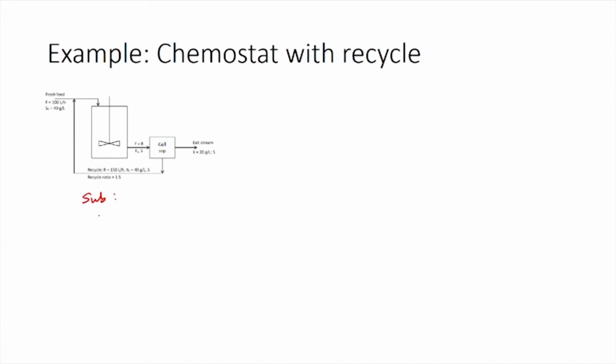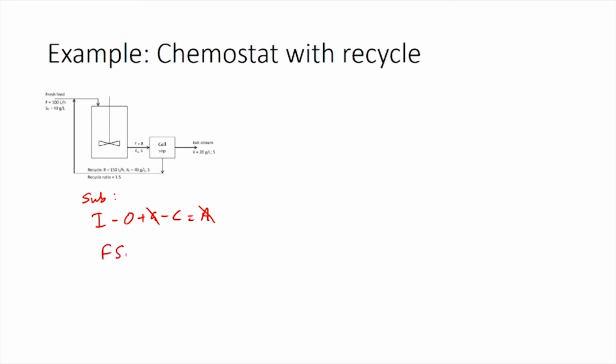For the substrate balance, again it is input minus output plus generation minus consumption equals accumulation. No generation for the substrate, and no accumulation. So, you are left with only input, output and consumption. Input for substrate would come through both the fresh feed and through the recycle stream.